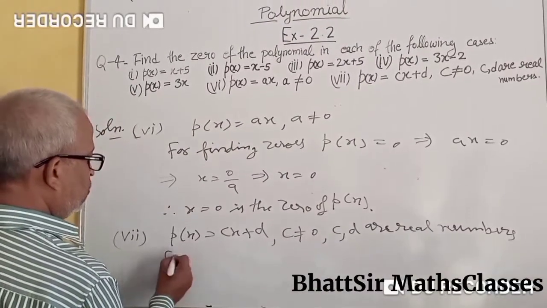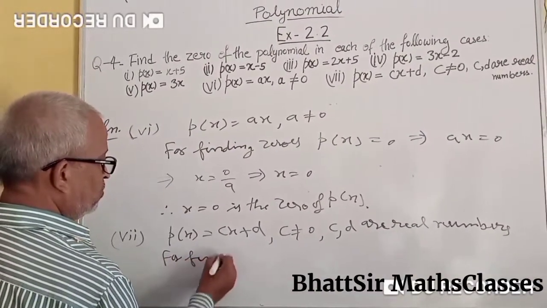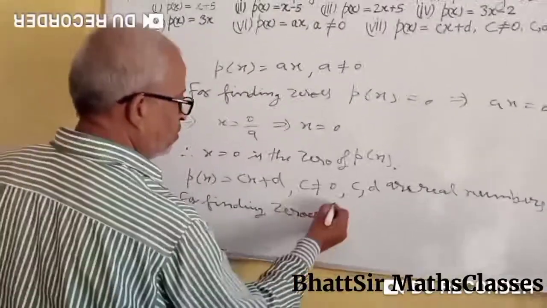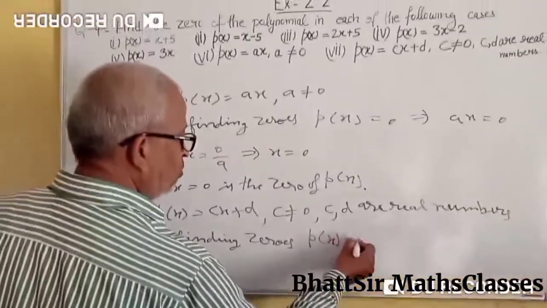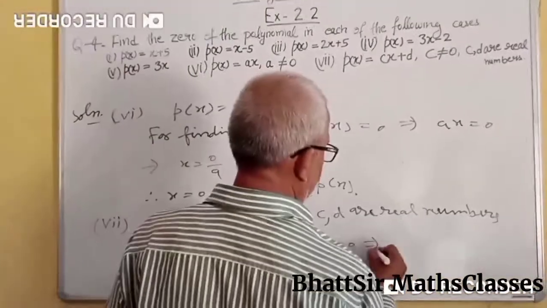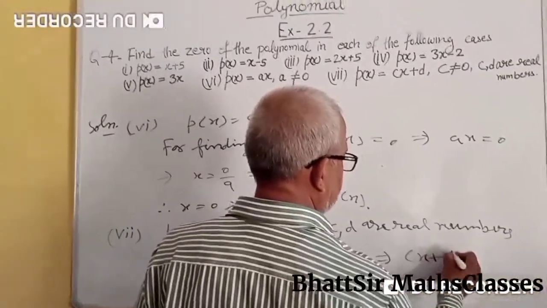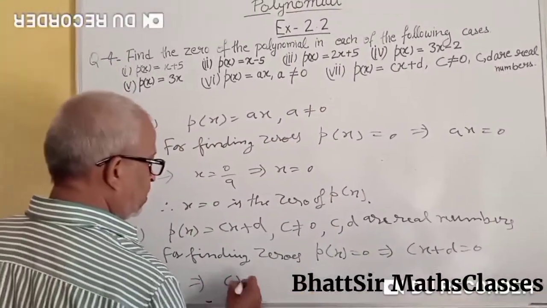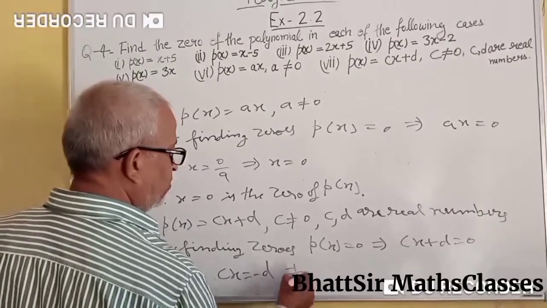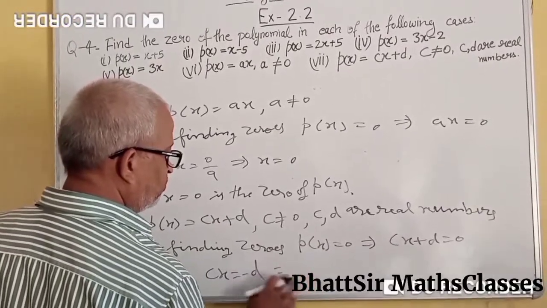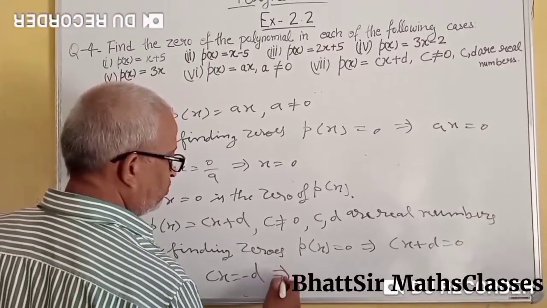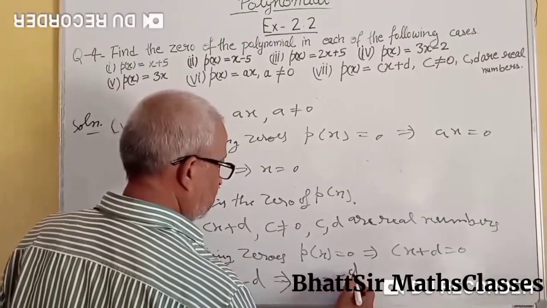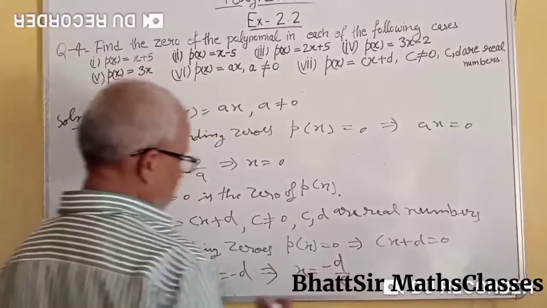For finding zeros, P(x) equal to 0 implies that cx plus d equal to 0, implies that cx equal to minus d, implies that x equal to minus d upon c.